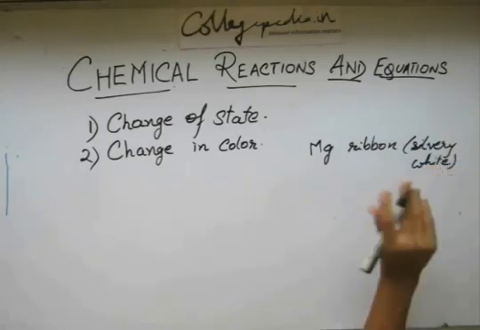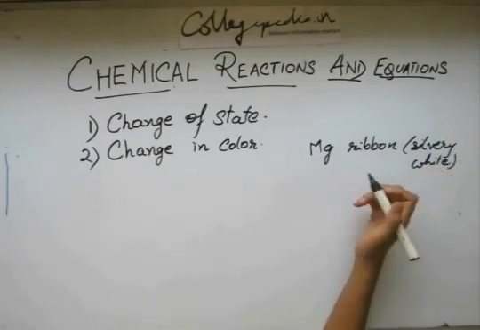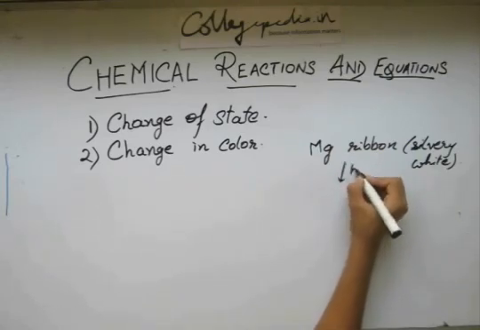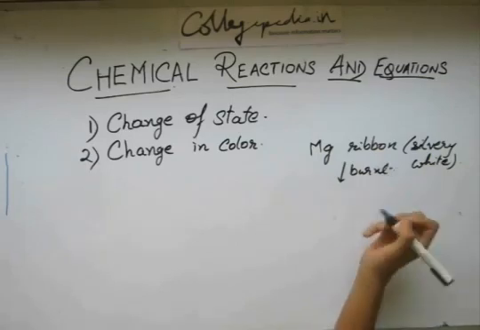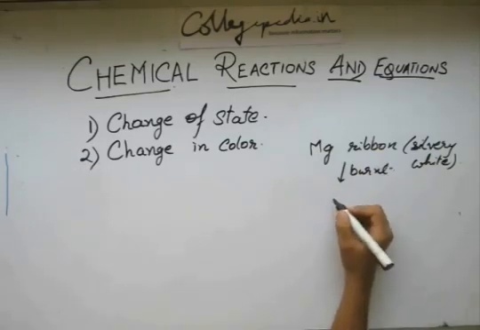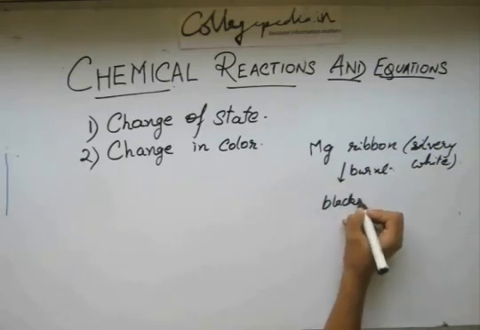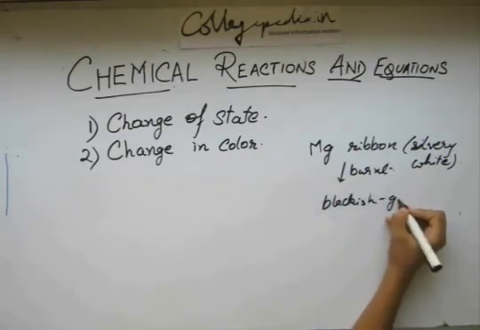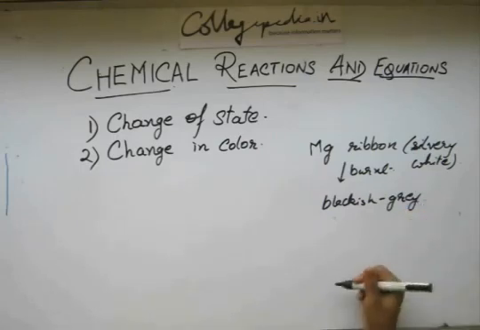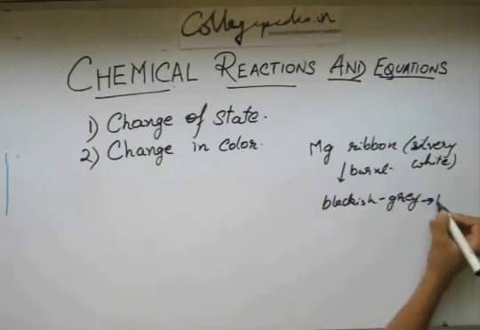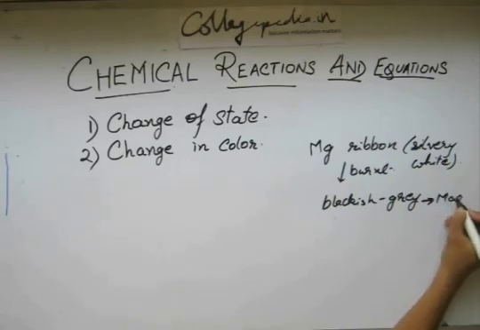It has some silver sort of color, and if you burn it, then you will get a blackish or grayish sort of substance. This thing is your magnesium oxide.